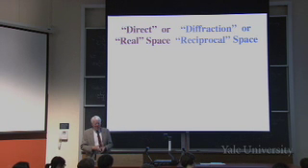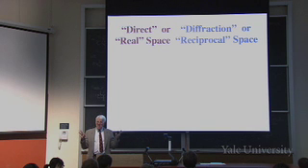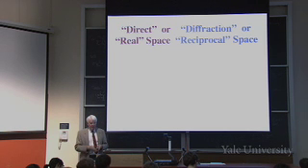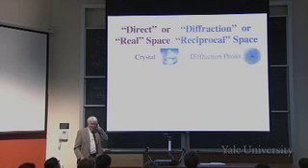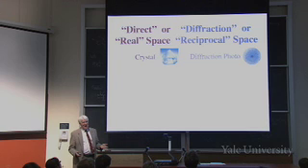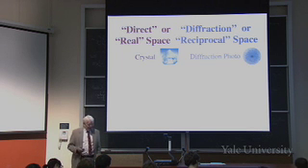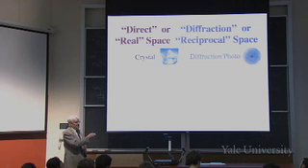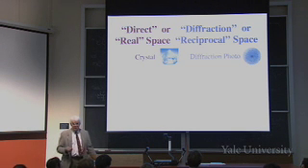Now, there are two spaces that get talked about: direct space or real space, and diffraction space or reciprocal space. The crystal is the real thing that you're interested in, and the diffraction photo is in diffraction space. You see these dots that Laue saw, for example, for copper sulfate.